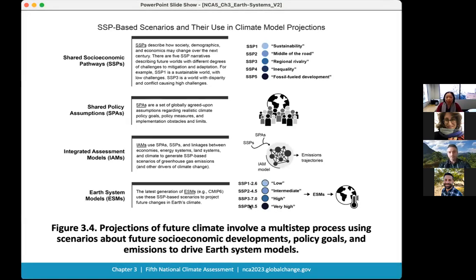And so now climate scientists are able to use Earth system models, not only coarse resolution models, but also, in recent advances, higher resolution models such as 25 kilometer to project future climate changes.